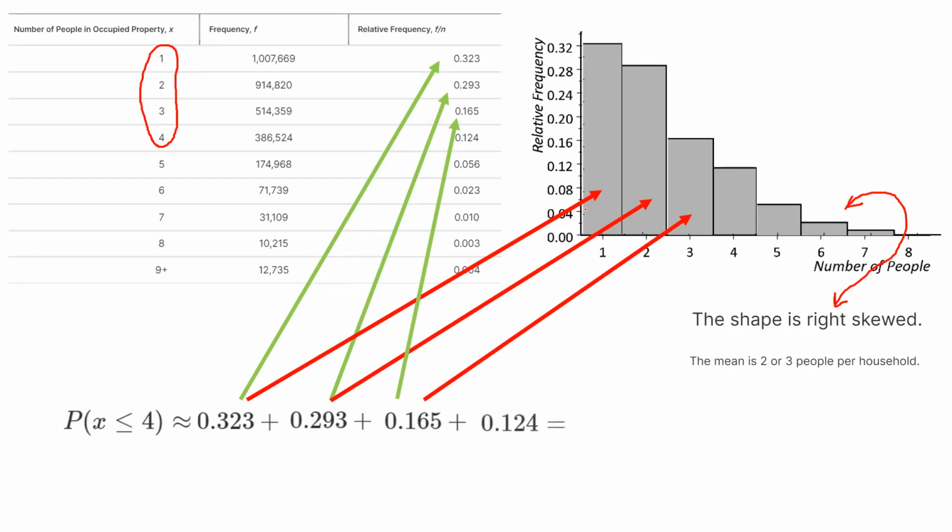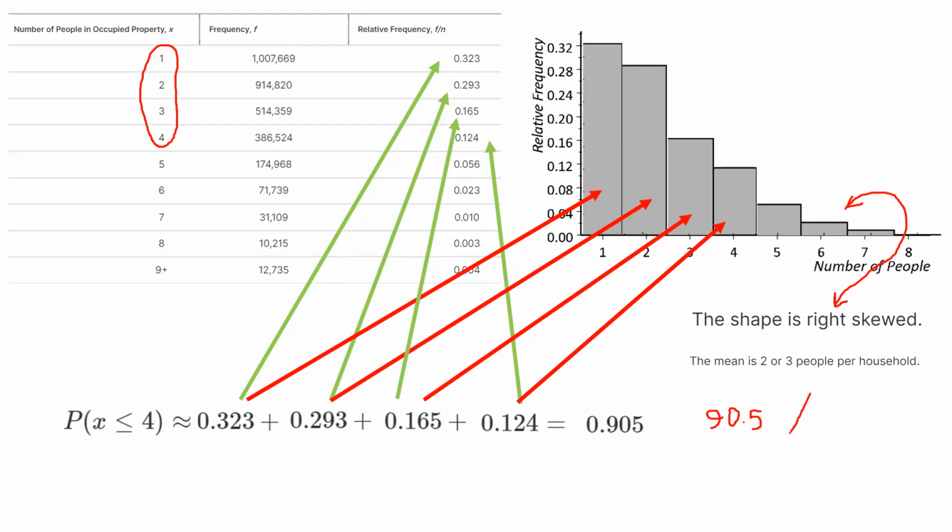Plus, finally, for 4, you have relative frequency 0.124 for basically the area on the histogram. If you add these numbers together, it's going to be 0.905, or the probability is 90.5%. That's the meaning of that.